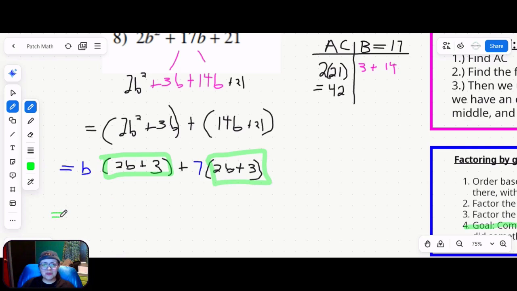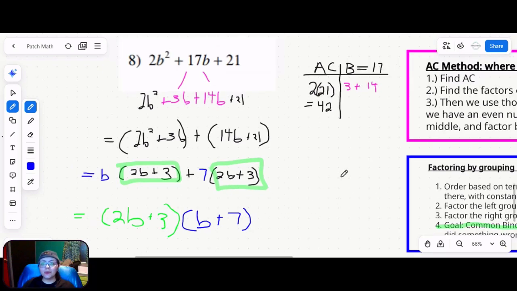And so moving that 2b plus 3 out front, if we multiply that 2b plus 3 times what's remaining, the b plus 7, we will be able to get the original quadratic right back out.